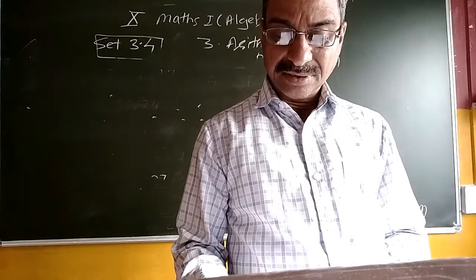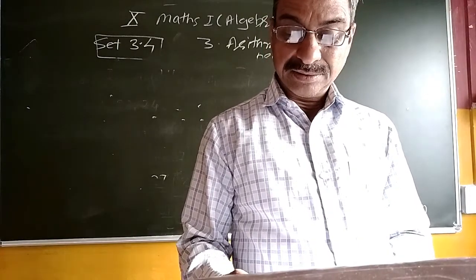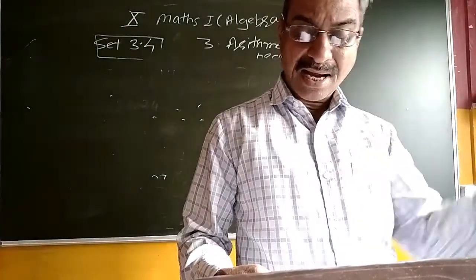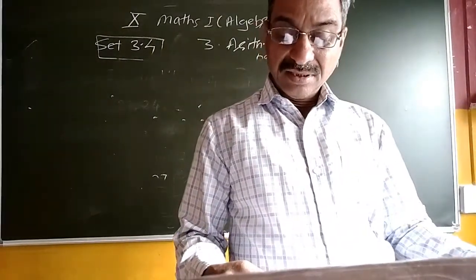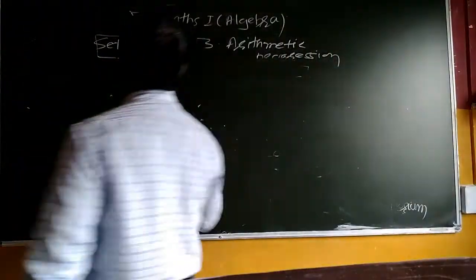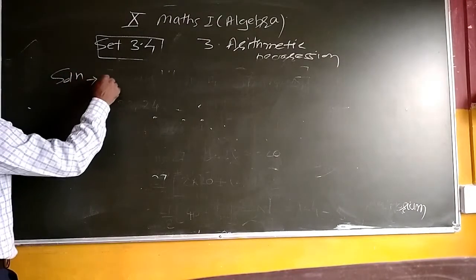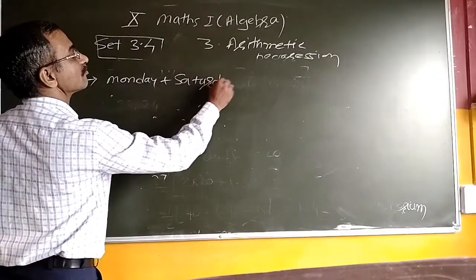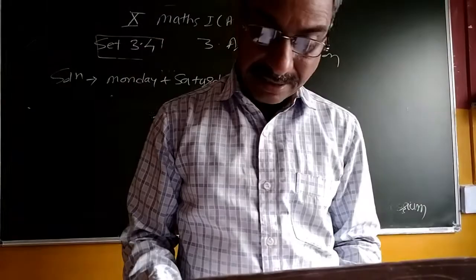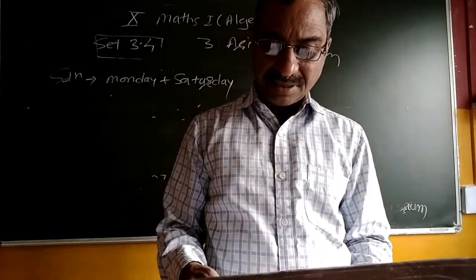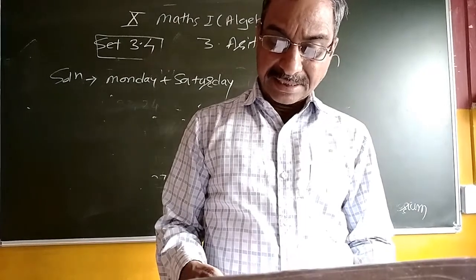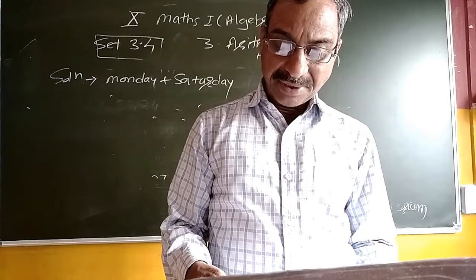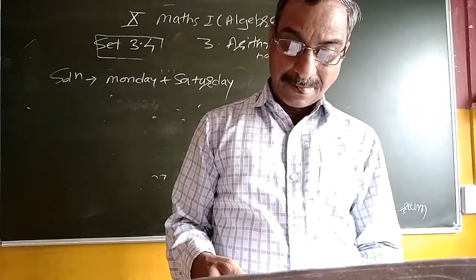Means here some condition is given. Monday plus Saturday temperature is more than the sum of temperatures of Tuesday to Saturday. If the temperature of Wednesday was minus 30 degrees, then find the temperature of the other 5 days.